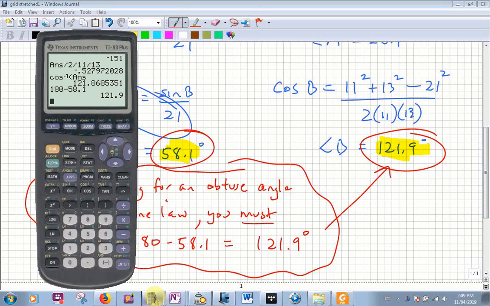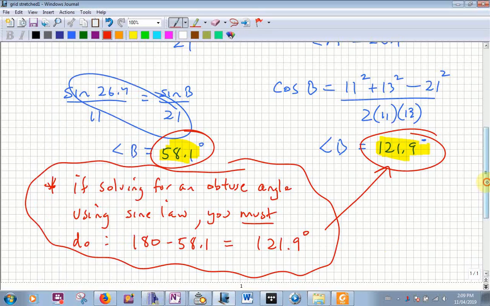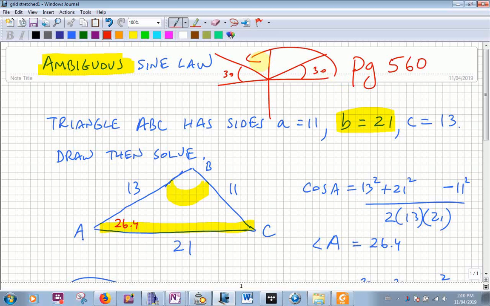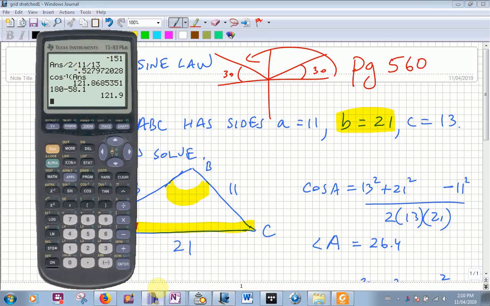So remember, this is kind of where this comes from. Remember the first thing we did? That's 30 degrees. What's this angle? Is that going to give you the same value for sine?